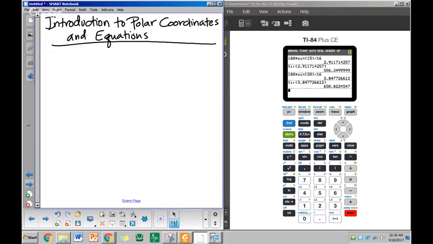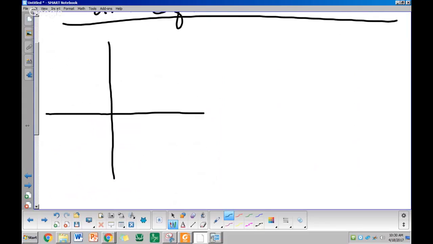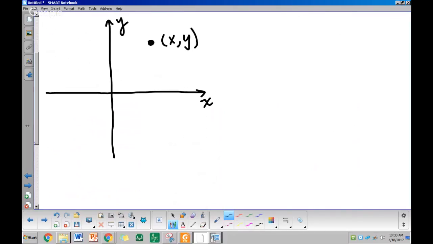All right, introduction. We're going to change our thinking a bit here. We used to live in a world, or we still do, where we call this the XY plane, where this was X and this was Y. If I had a point somewhere here, I would label it X comma Y. We're not doing Z, not going 3D, not yet.